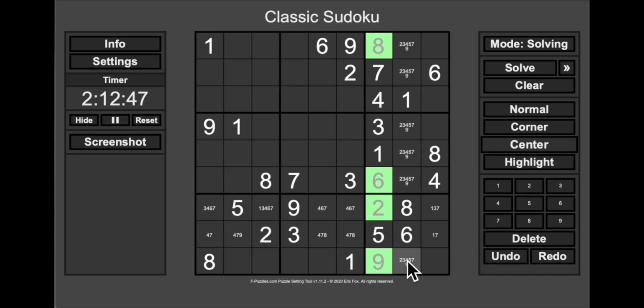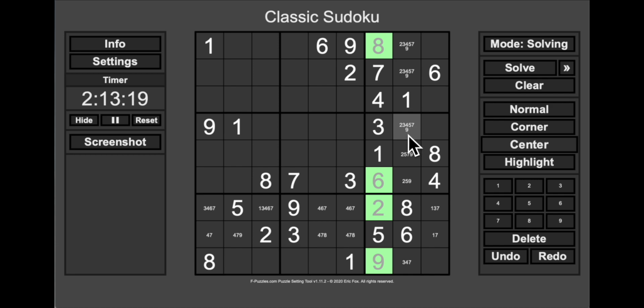Now, this one is not 2, 5, or 9. This one isn't 3 or 4 or 7. Actually, this one, not 3 or 4, but I think anything else is still possible.